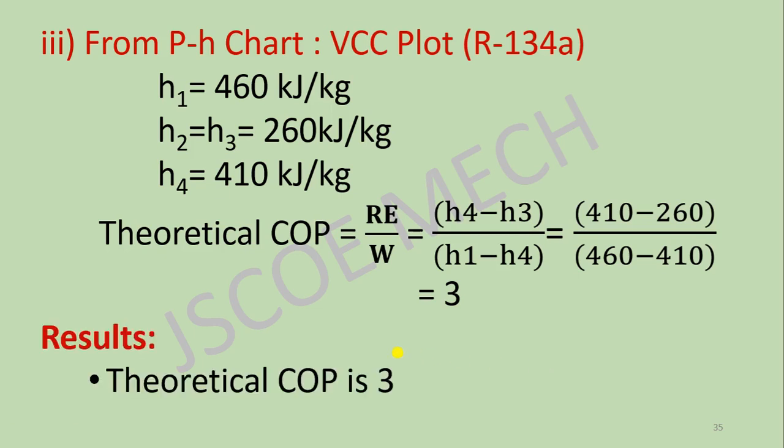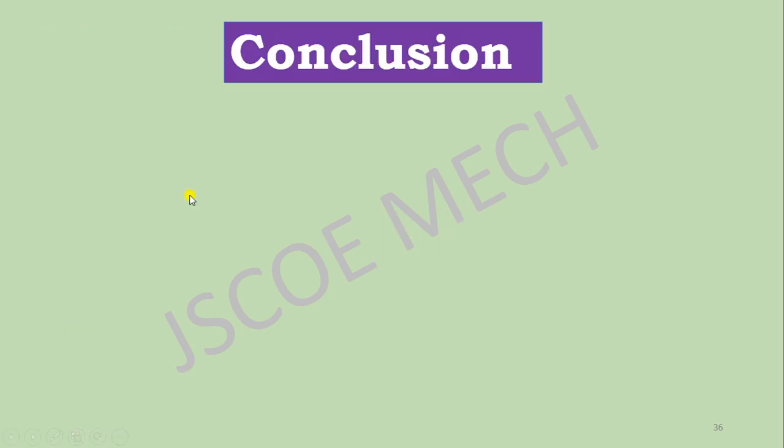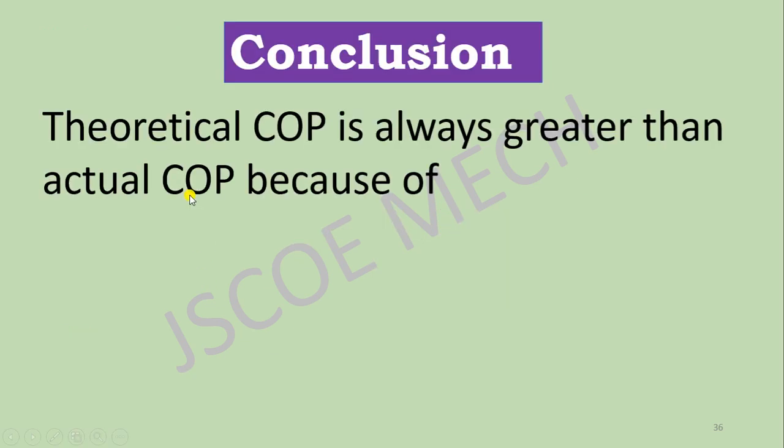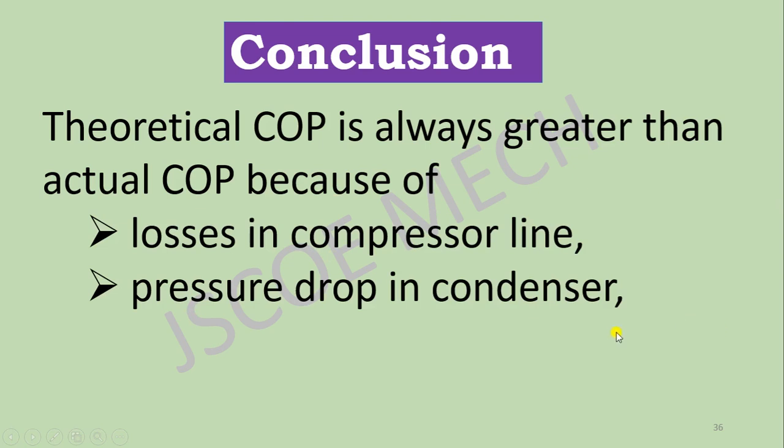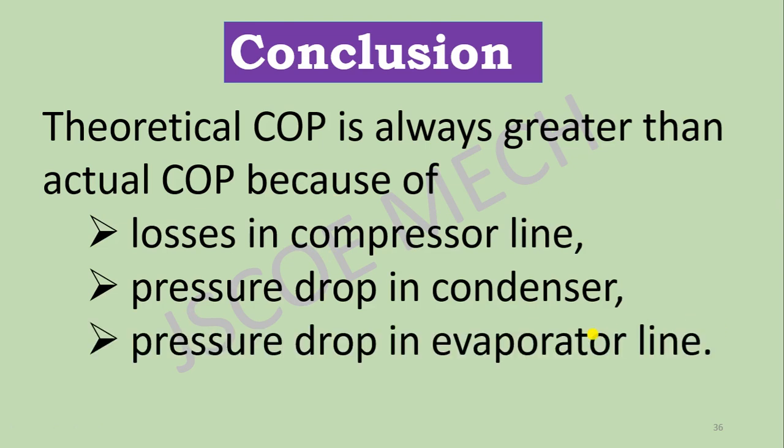So in the results we find theoretical COP and actual COP value. If we observe these both values, then we find in the conclusion that theoretical COP is always greater than actual COP because of reasons, that is loss in compressor line, pressure drop in condenser line and pressure drop in evaporator line.